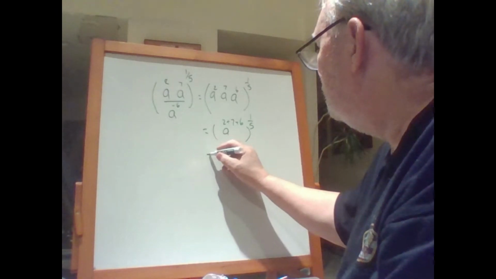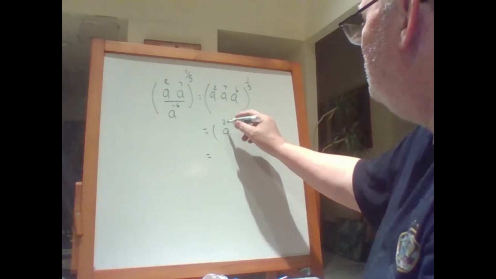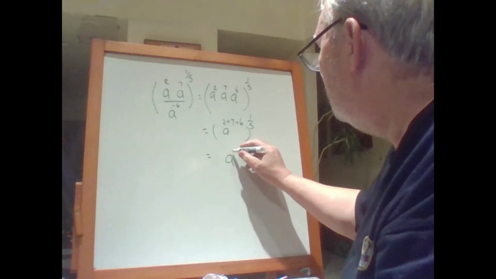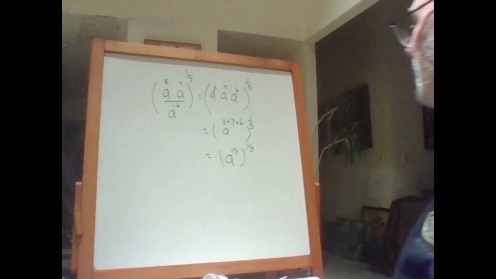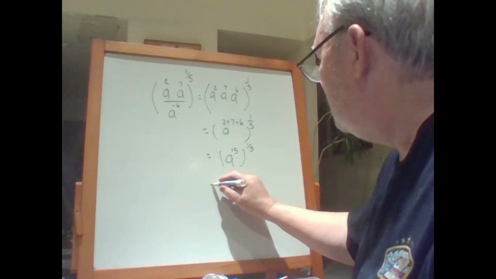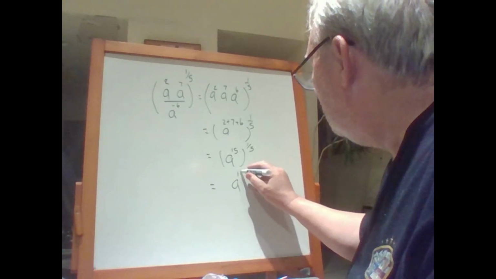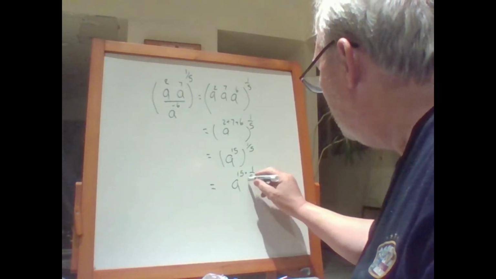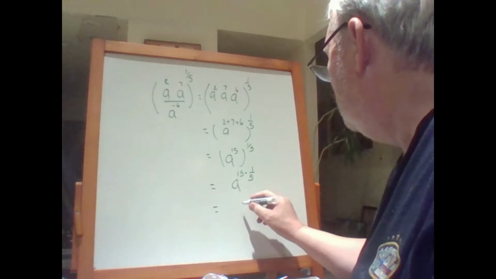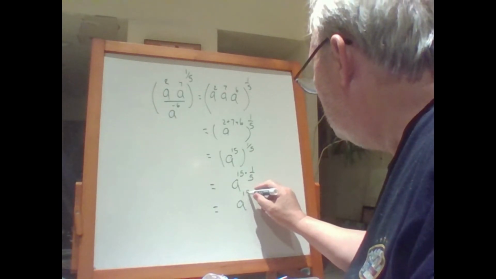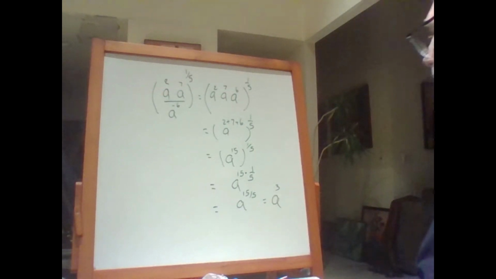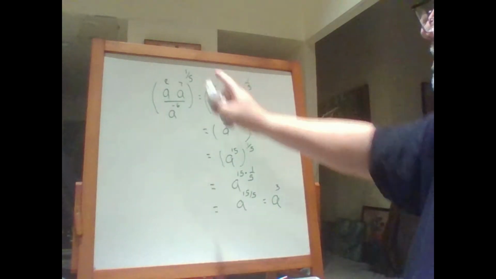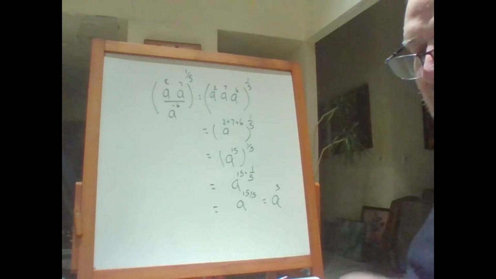So that is equal to a to the 13, 14, 15, a to the 15 to the 1/5. But our other law of exponents says that this is a to the 15th times 1/5, and that's equal to a to the 15 divided by 5 equals a to the 3rd. And that's our answer. So all of that mess just reduces to a to the 3rd.